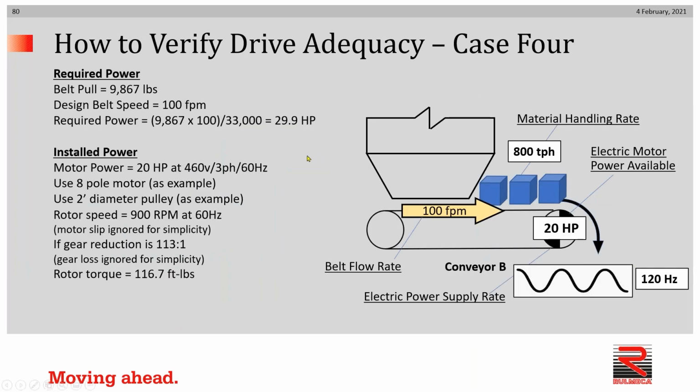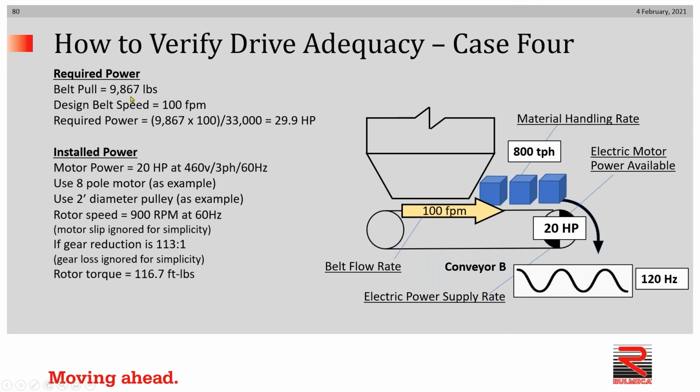Now, here is why it's impossible to increase the frequency significantly beyond 60 hertz. Notice that we've calculated on the faster belt, we define this as conveyor B, we want to increase the belt speed from 50 feet per minute to 100 feet per minute because we want to move 800 tons per hour.